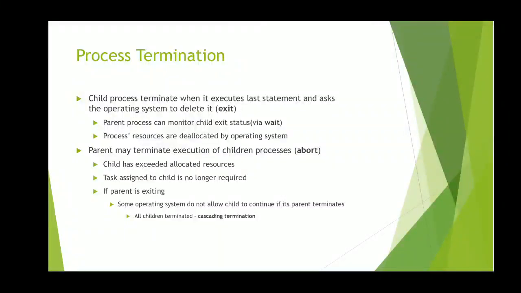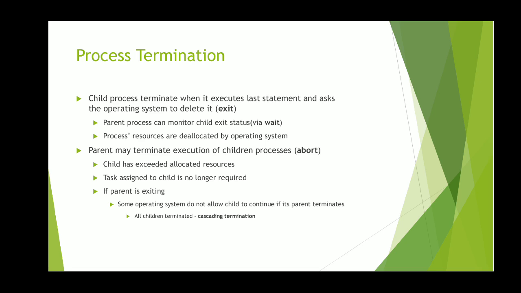A process can be terminated in two ways. In the first method, the process will execute the exit system call. Upon executing this system call, the operating system will deallocate all the resources allocated to the process, and it will terminate the process.